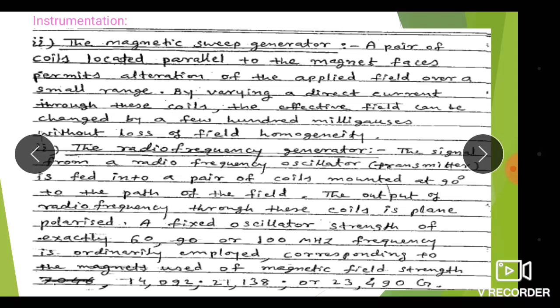A fixed oscillator frequency of exactly 60, 90 or 100 MHz is ordinarily employed, corresponding to magnets of magnetic field strength of about 14,092 gauss, 21,138 gauss or 23,490 gauss. So the signal from the radio frequency oscillator is fed into a pair of coils mounted at 90 degrees to the path of the field.